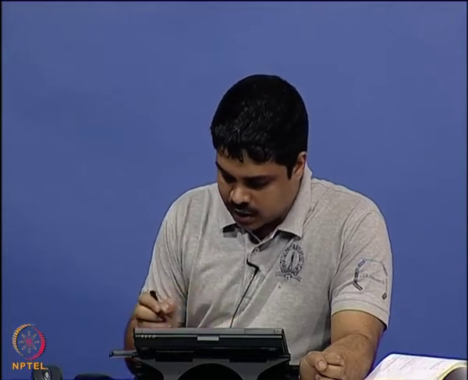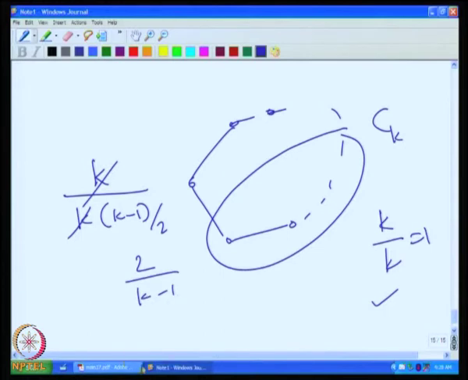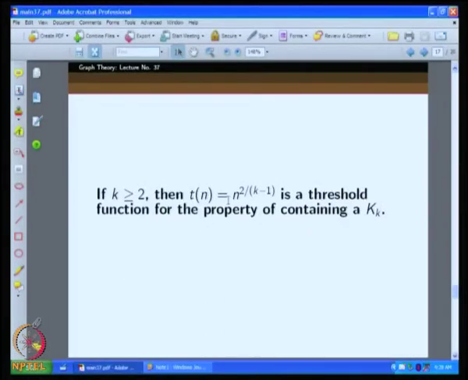There are k vertices and k choose 2, that is k into k minus 1 by 2, edges. After cancelling, this is 2 by k minus 1. So, we can put the threshold function as T of n equal to n to the power minus 2 by k minus 1.